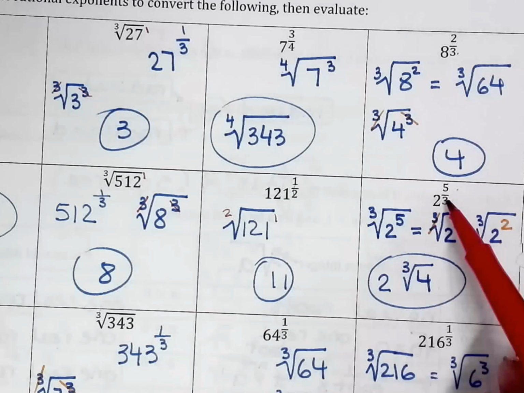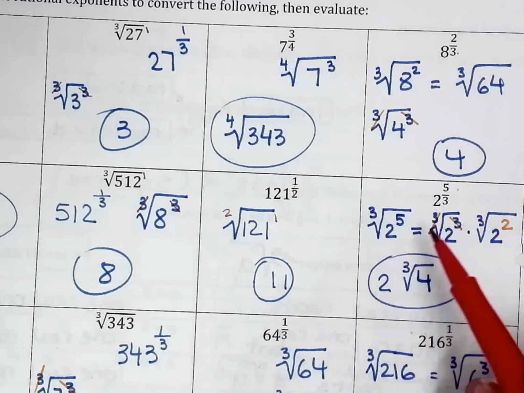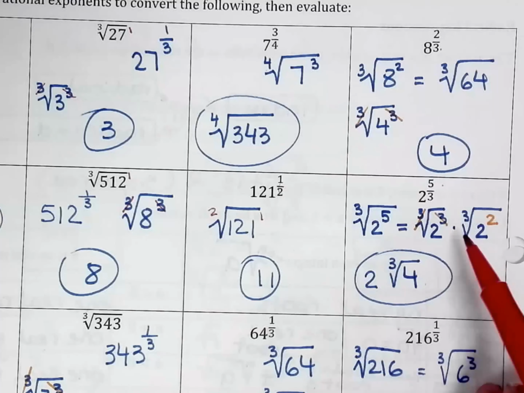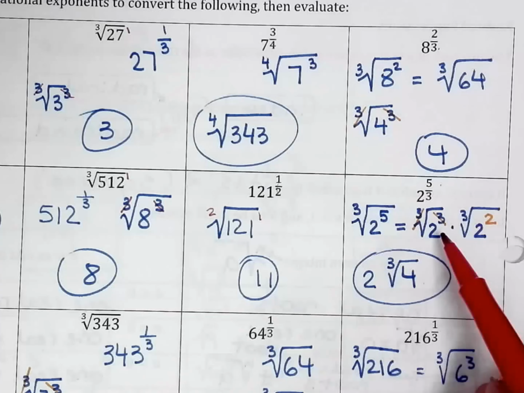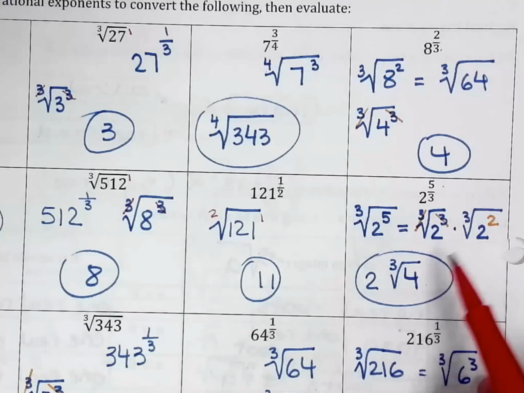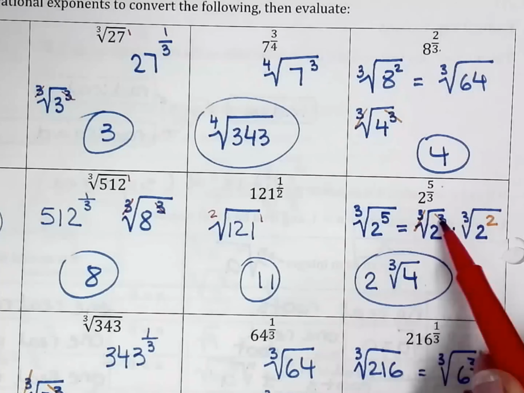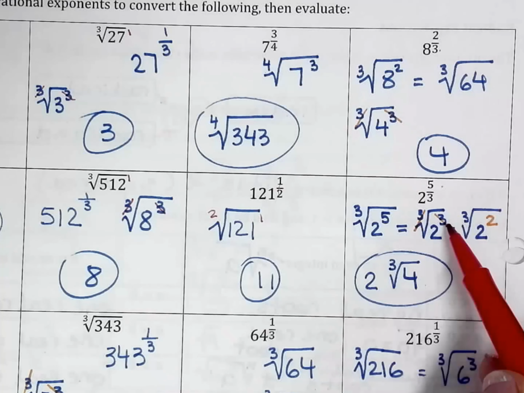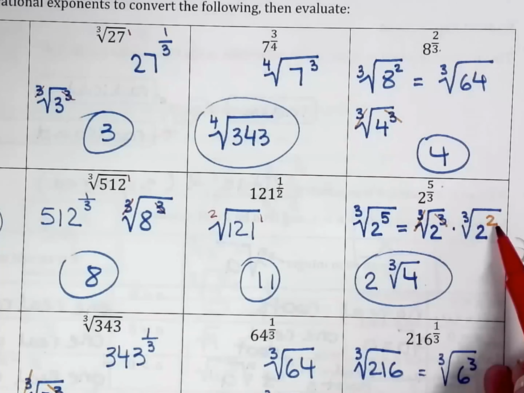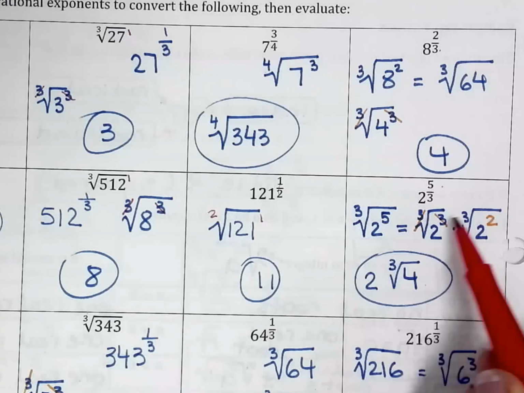Numerator is the exponent, denominator is the index. But notice that here it doesn't simplify from the get-go. I have to rewrite it in some way that's going to benefit me. I know if the index and the exponents are the same, they'll be able to simplify. But here, if I have 3 right here, I need a 2 there, because if I multiply, I add the exponents.